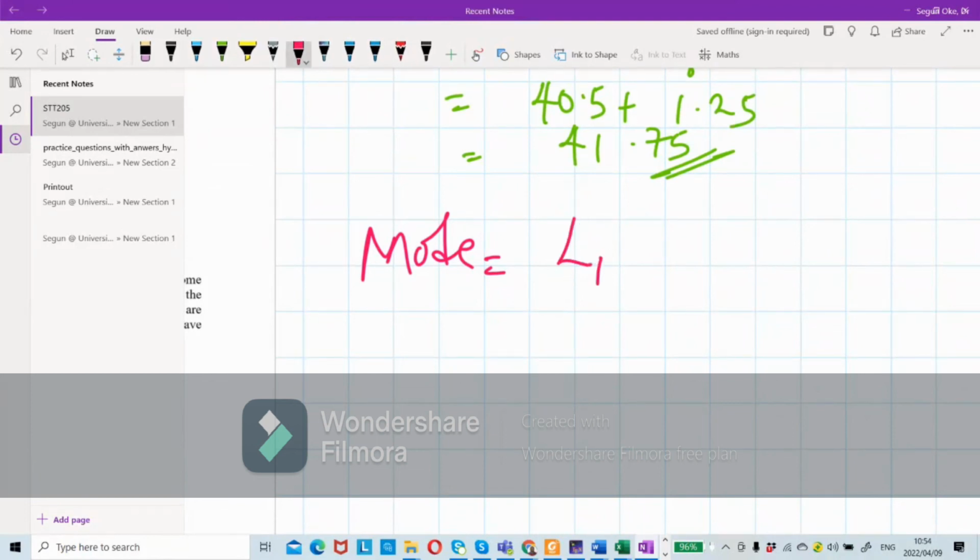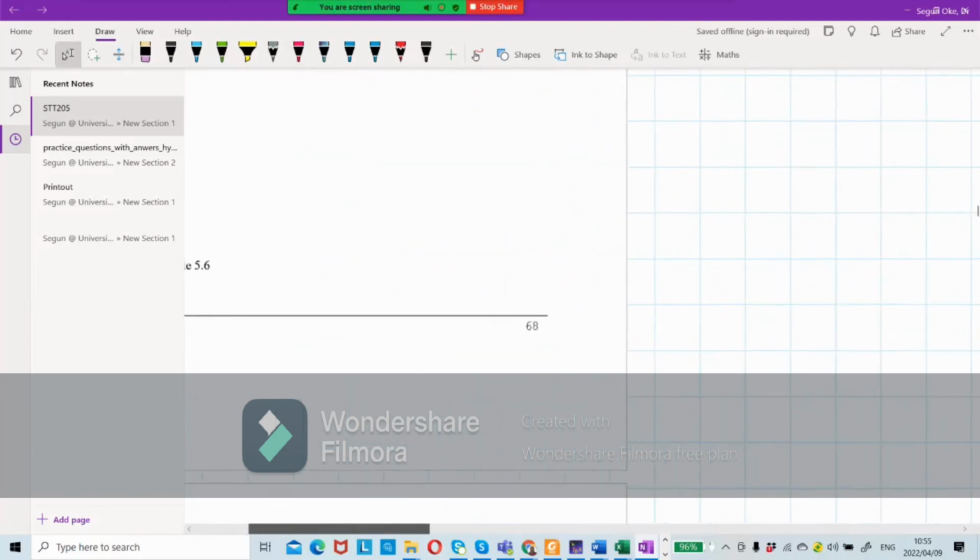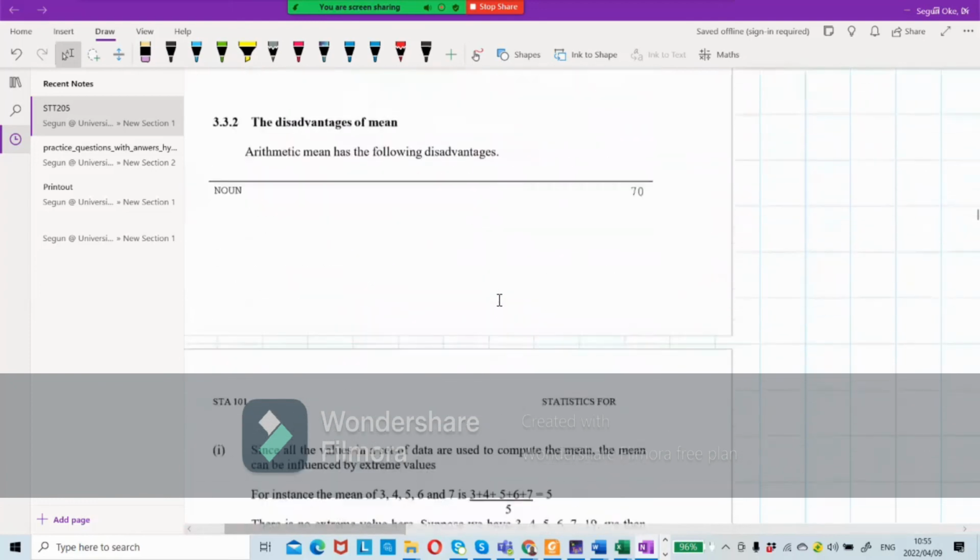Can you call the formula again? Li plus D1 over D1 plus D2. Is it plus or minus? Don't assume, go to your book again, everybody. It's plus.